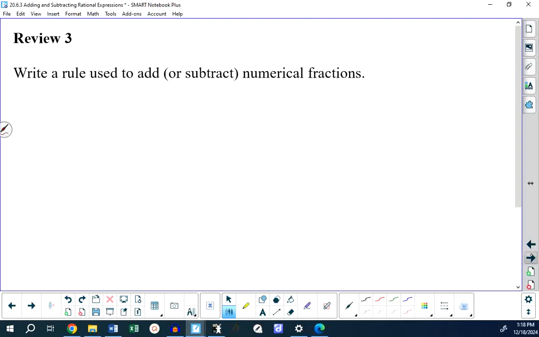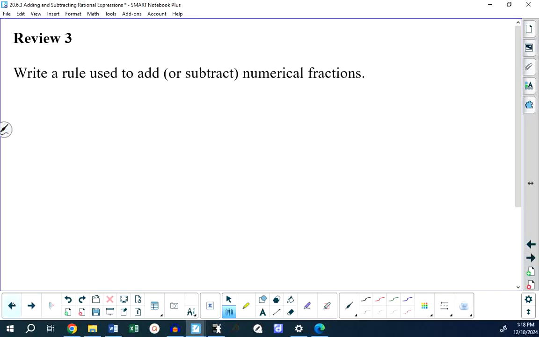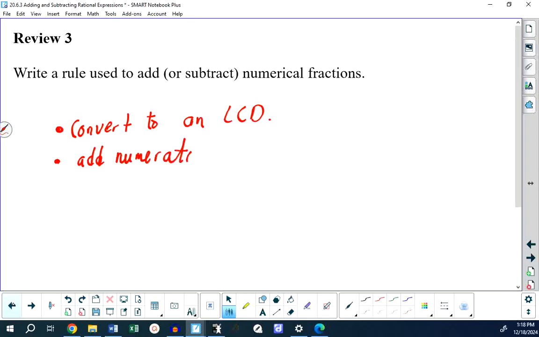Write a rule to add or subtract numerical fractions. Convert to an LCD. Add numerators. I'm not going to say or subtract. Obviously, if we're subtracting, we're going to be subtracting. Add the numerators.